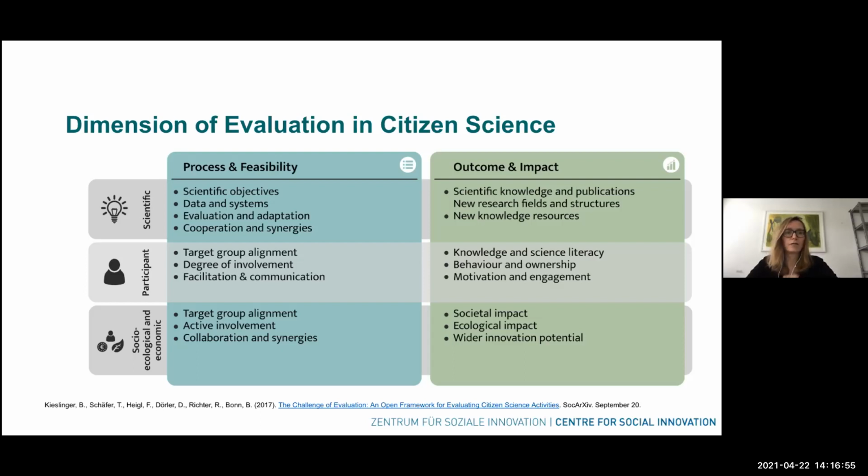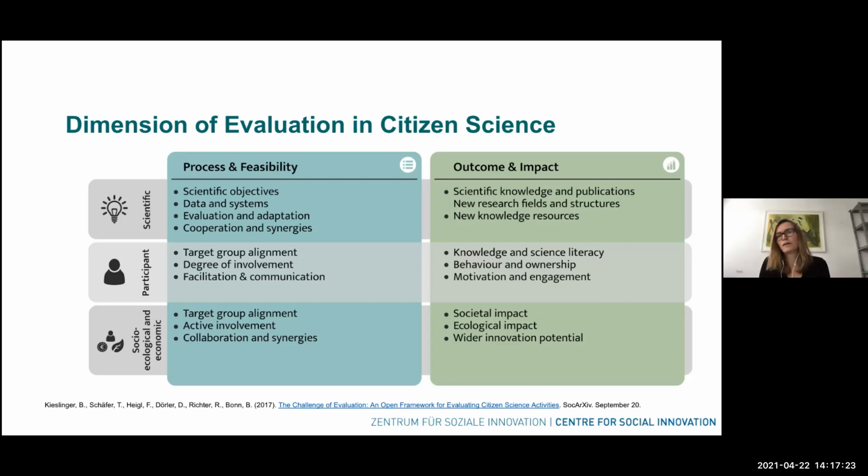The third one, the socio-ecological and socioeconomic part, looks more at the broader context. For example, can other people who are not direct participants follow the project and see the value of the project? Are there collaborations with other institutions, with NGOs or with policymakers in the context of this project?